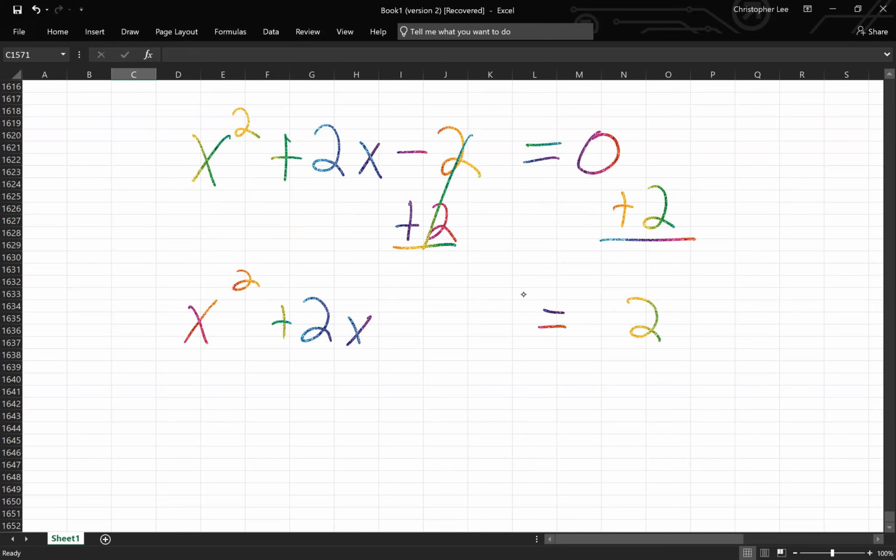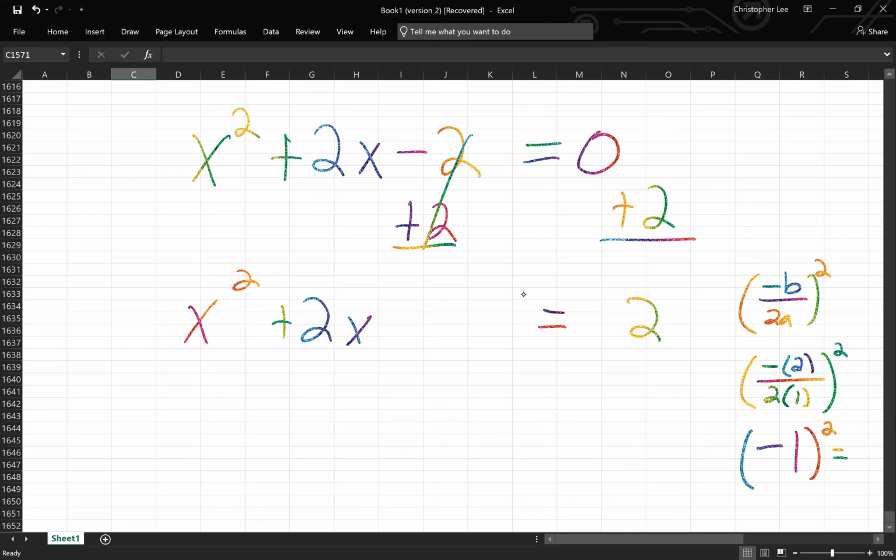And then now you want to get that formula, negative b over 2a squared. And I can use this because my a term is 1 now, right? Just plug it in. So this is going to be negative times what? 2 divided by 2 times 1 and then squared. And then that's going to be equal to what? Negative 1 squared, which is positive 1.